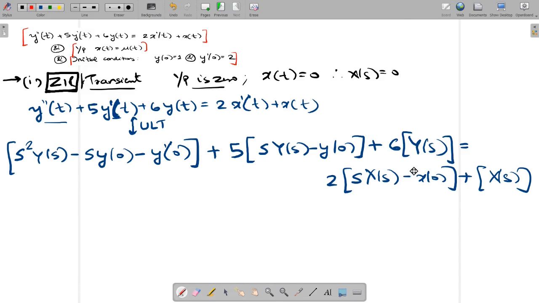Here x of t is equal to 0, so x of s is 0, which means this goes away and this goes away.